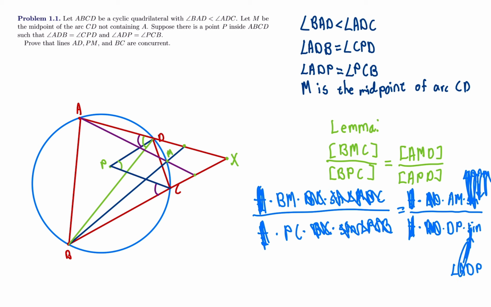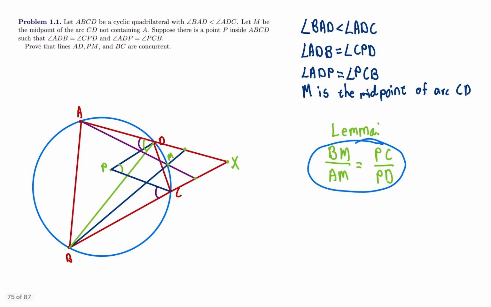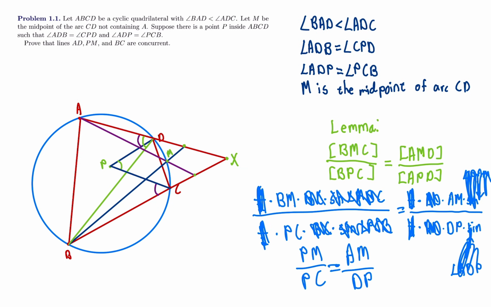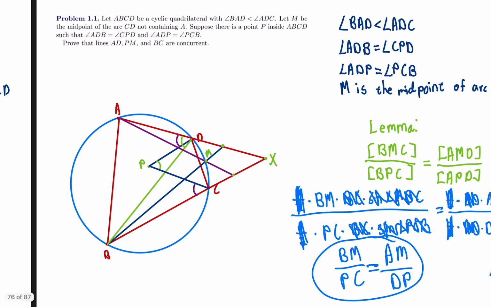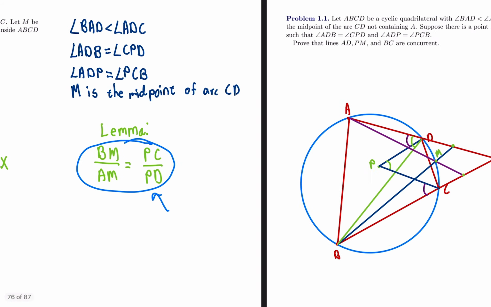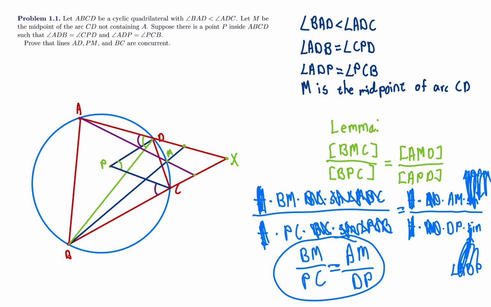So this is basically proving that PM over PC times AM over AB is equal to AM over DP. And we know, this should be a B. And we know that this is the exact same thing as this. So therefore, we've proven this. Okay, so we know that this is true.